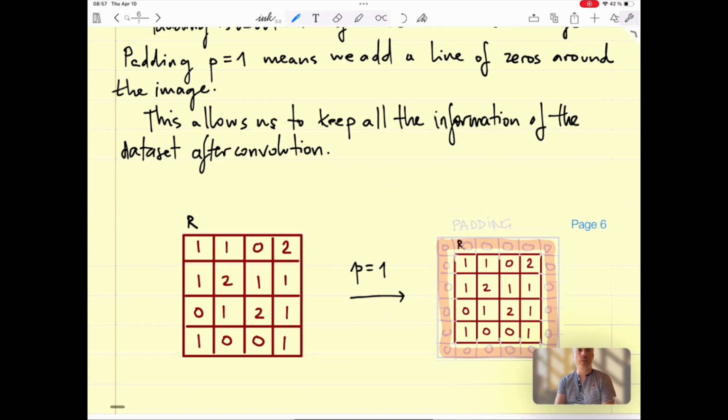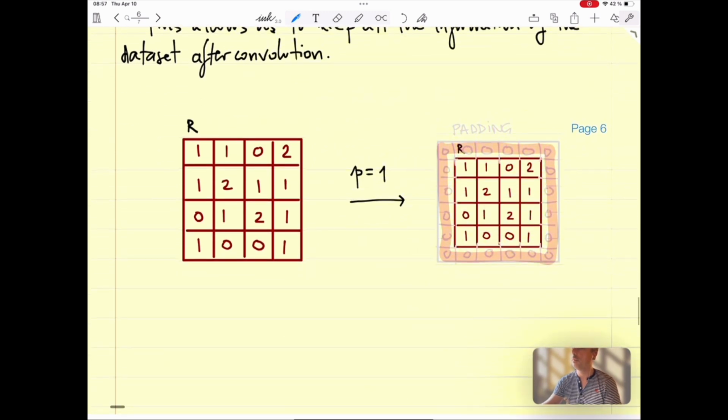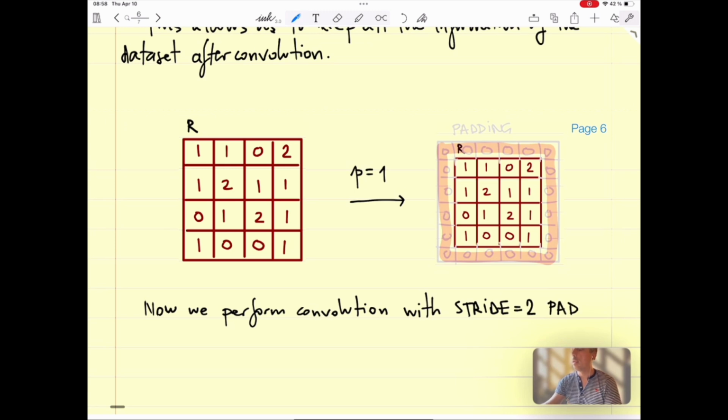So let's take this example again, and now we perform convolution with stride equal 2 and padding equal 1.